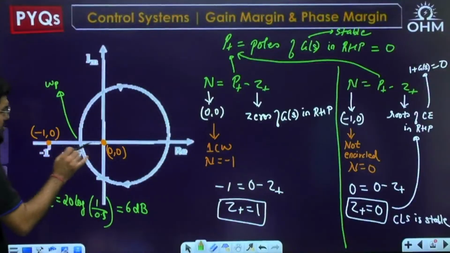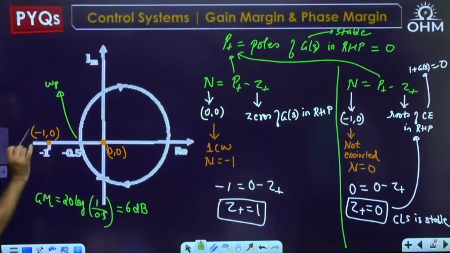Minus 1 comma 0 lies on the negative real axis, correct? But I can say one more thing: minus 1 comma 0 also lies on the unit circle.